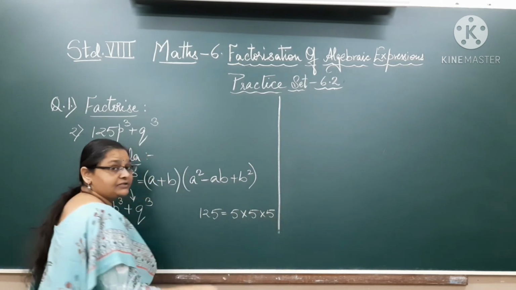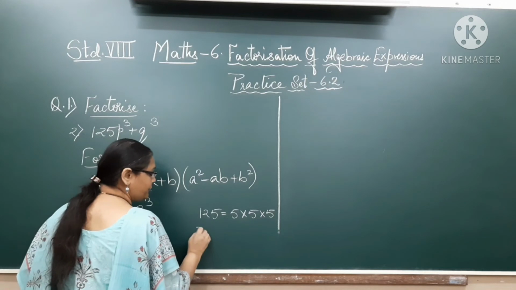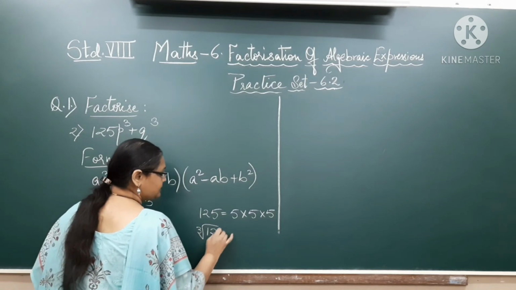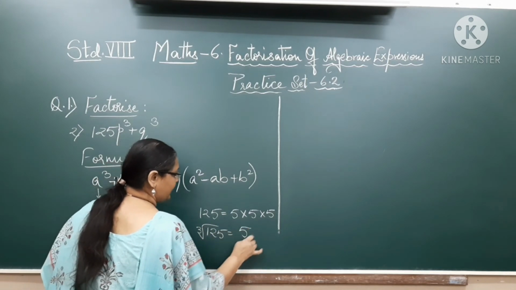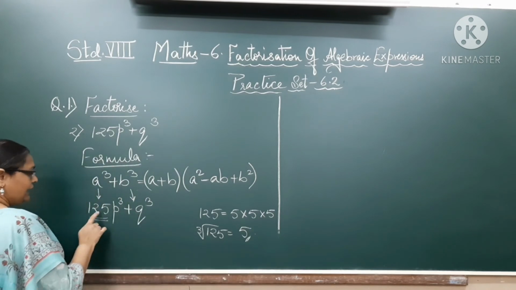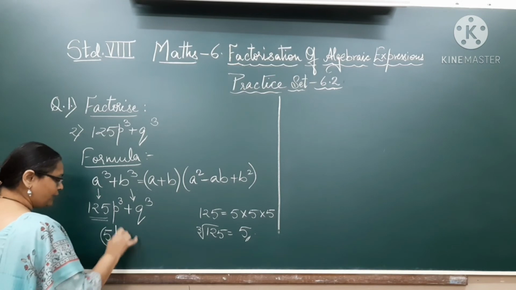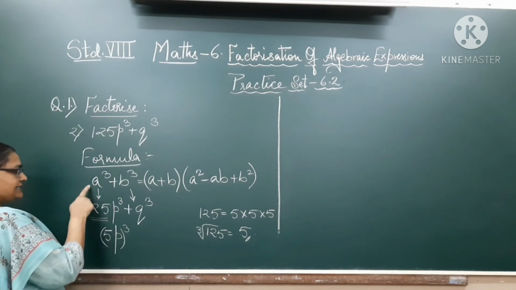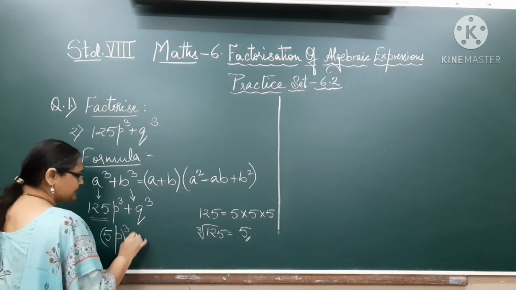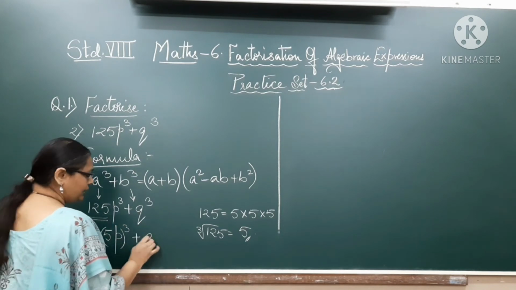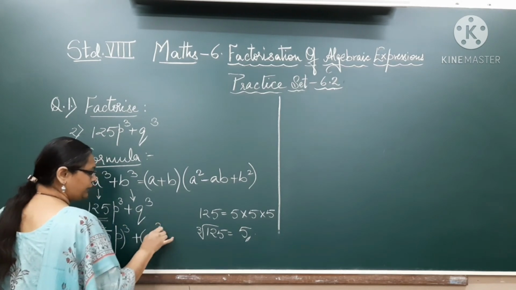These are the factors. So the cube root of 125 is equal to 5. So this can be represented by 5p the whole cube, which will be considered as a cube, plus q cube will be q the whole cube.